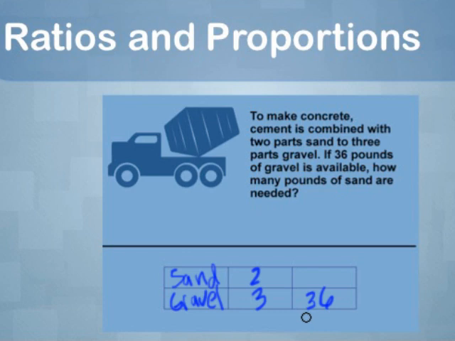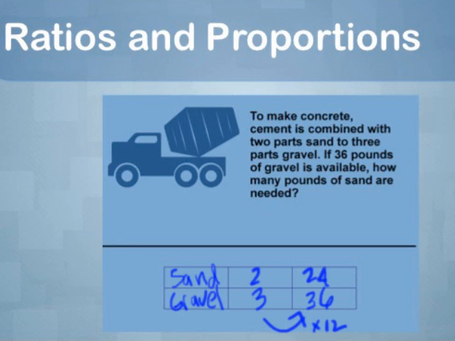By what factor do you need to multiply 3 to get 36? It's a factor of 12. So we use that same factor to scale up the amount of sand. So 2 times 12 is 24. So we need 24 pounds of sand.